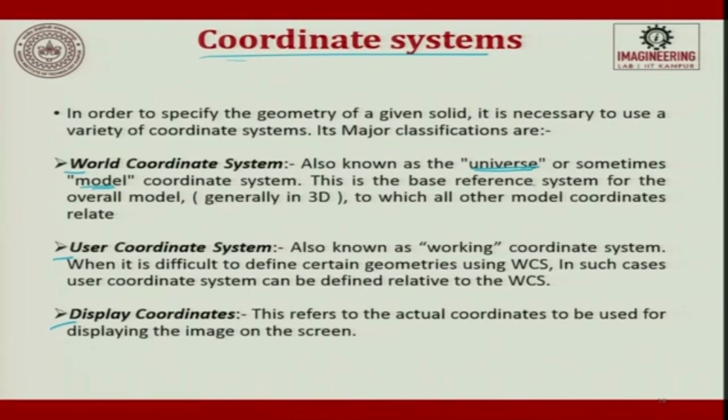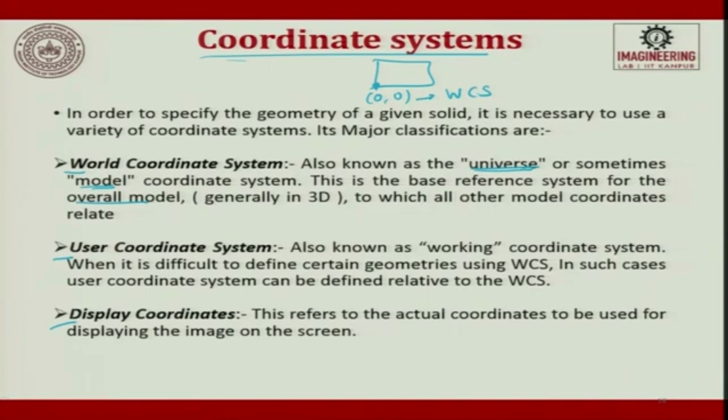It is the base reference system for the overall model to which all other model coordinates are related. For example, this is a screen, and I define this as my 0 0. Then this is nothing but the world coordinate system.